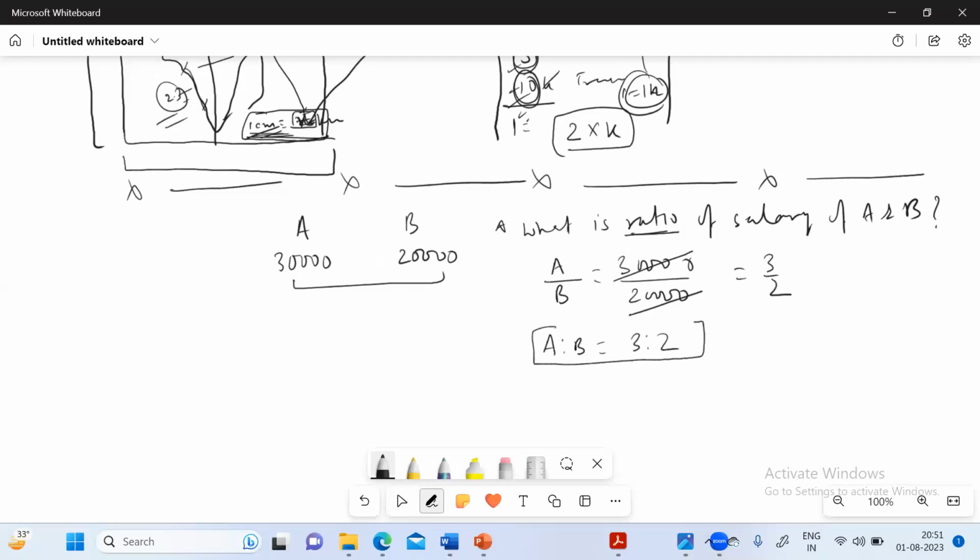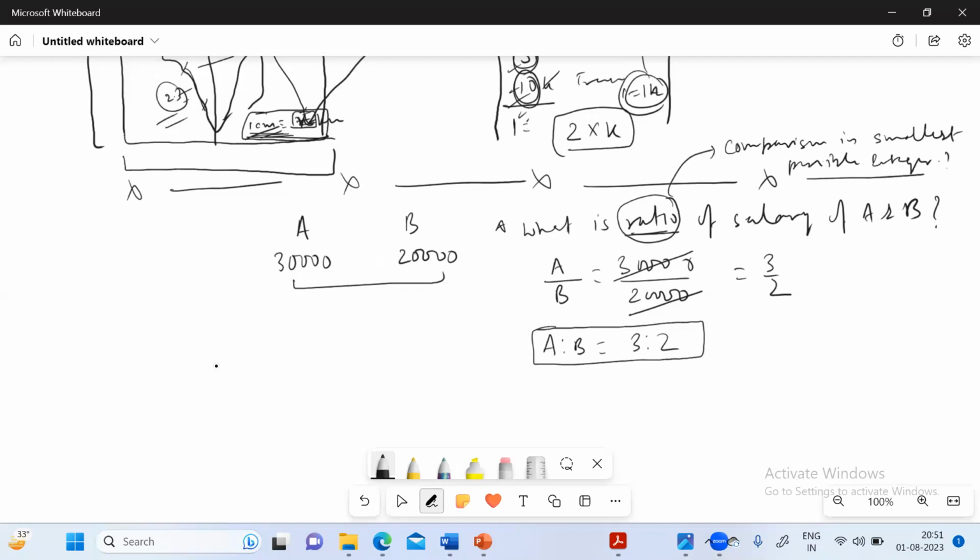So when someone asks for the ratio, by default he is asking for the comparison in the smallest possible integers.